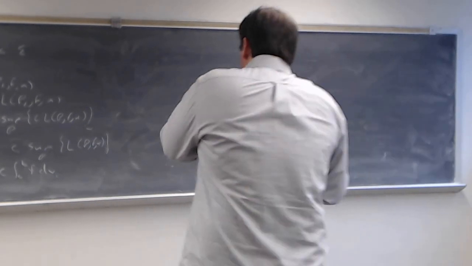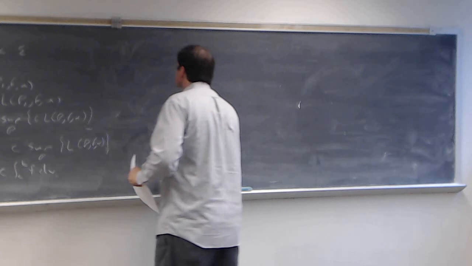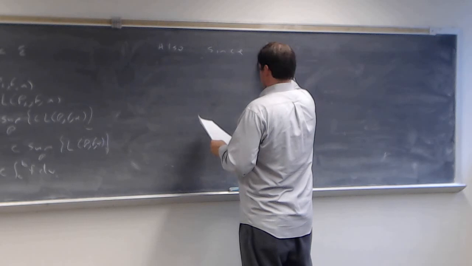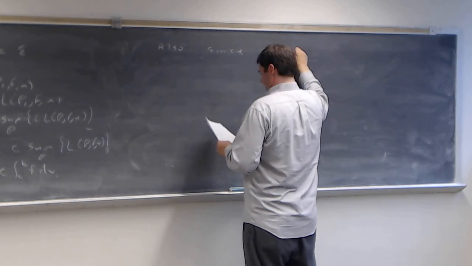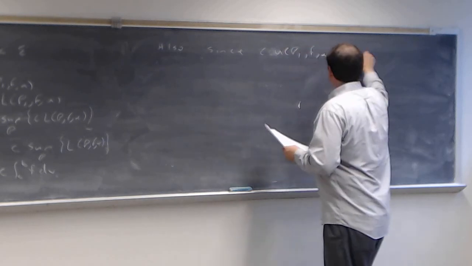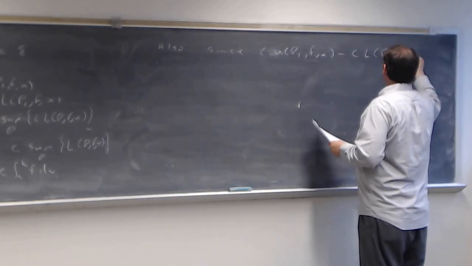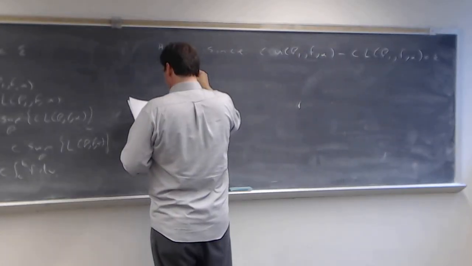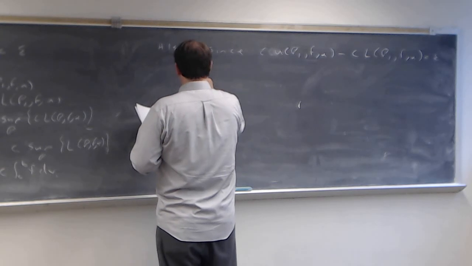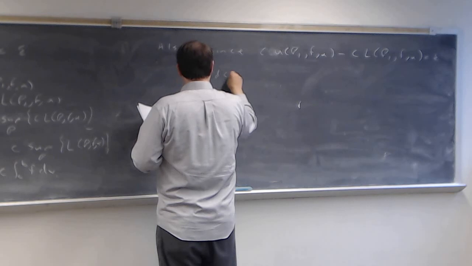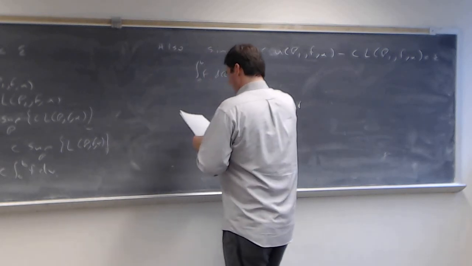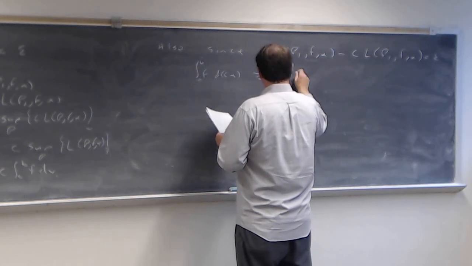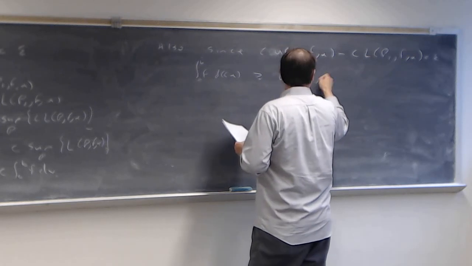Okay. Also, since C times the upper sum, P sub 1, F alpha, minus C times the lower sum, P sub 1, F alpha, is less than epsilon, what we have is that the integral from A to B of F d C alpha is going to be greater than or equal to the lower sum of P sub 1, F, C alpha.